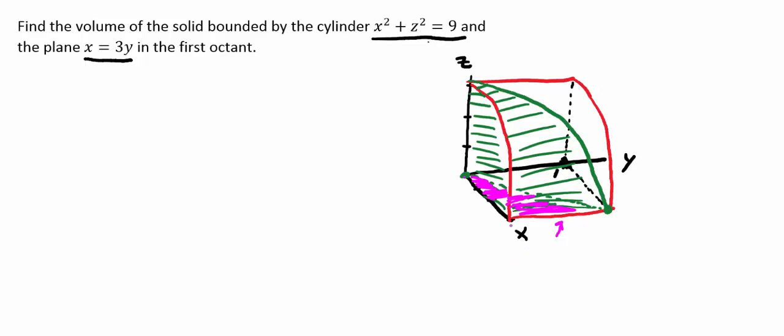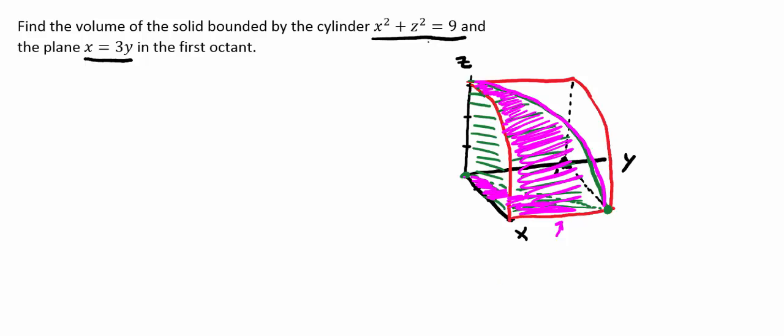That's the region you're integrating over. That's like your floor. And then the cylinder from that wedge shape is your roof. So we're going to integrate over that region.